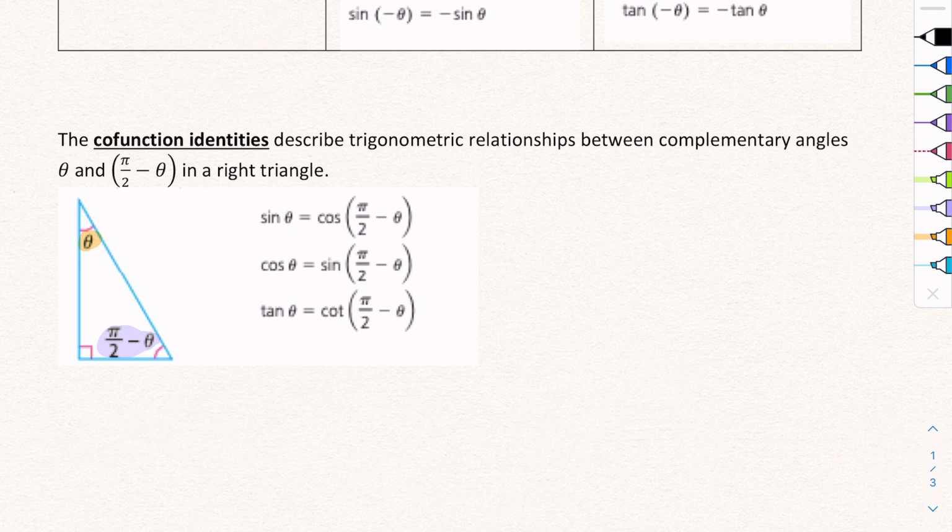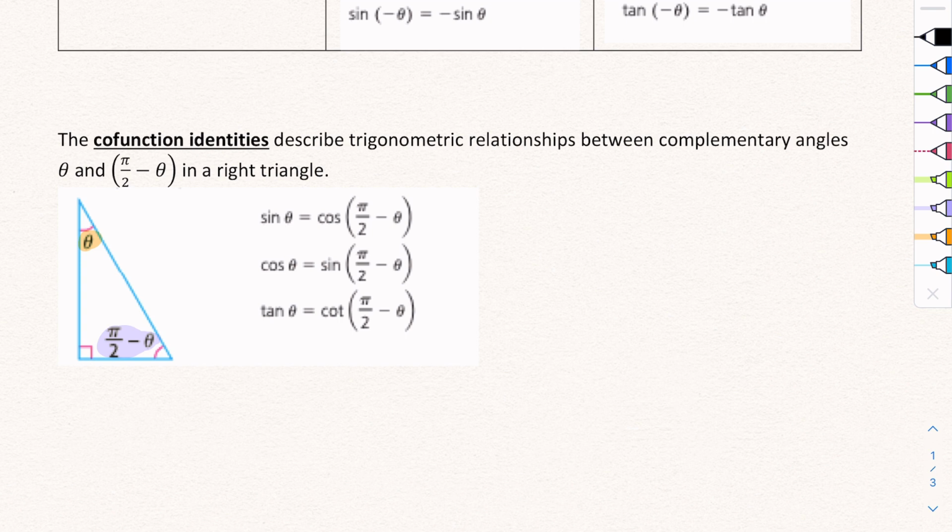If we look at cosine theta, we know that cosine uses adjacent over hypotenuse. So that would be sine of pi over 2 minus theta. And then tan theta would be cotangent of pi over 2 minus theta. So cofunction identities are just describing the relationship between the complementary angles.